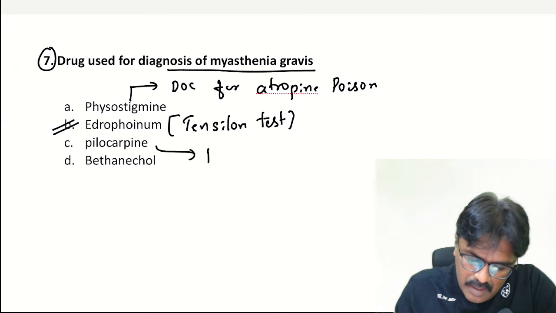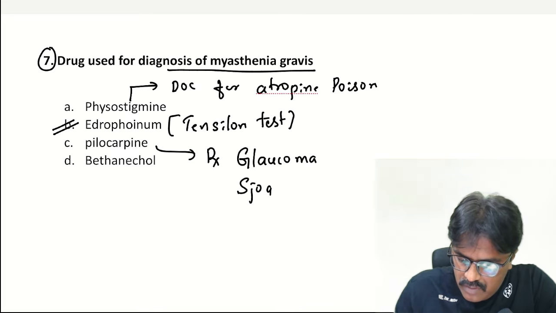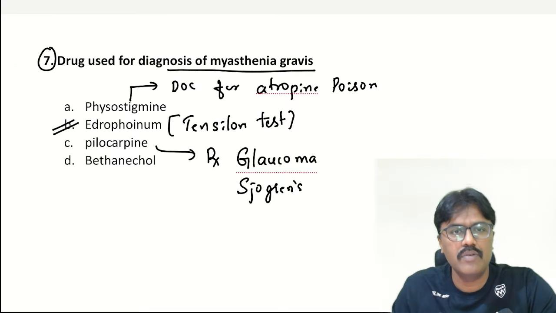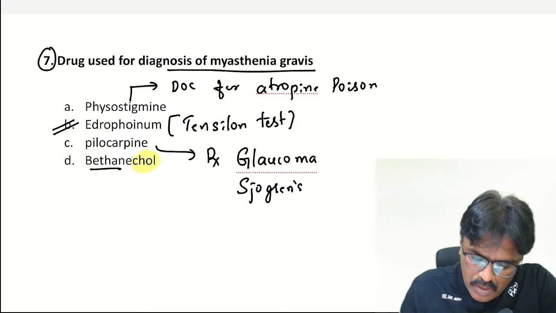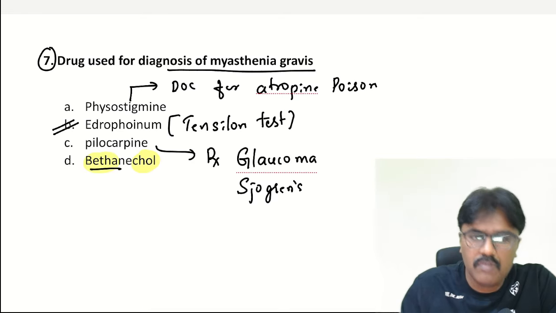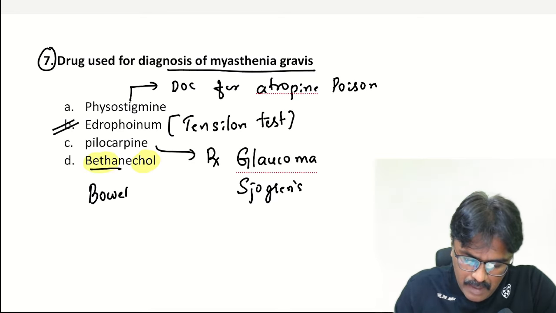Pilocarpine is used to manage glaucoma and also it is used for Sjogren's syndrome, where you see dry eye and dry mouth. Bethanechol, remember it is a cholinergic. Bethanechol, bathroom call. It is used for bowel and bladder problems.